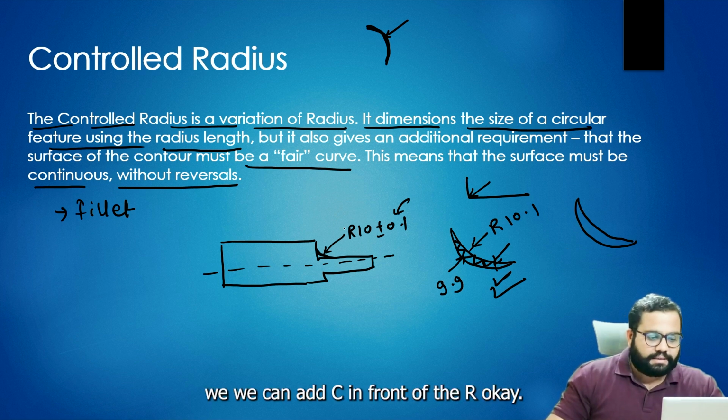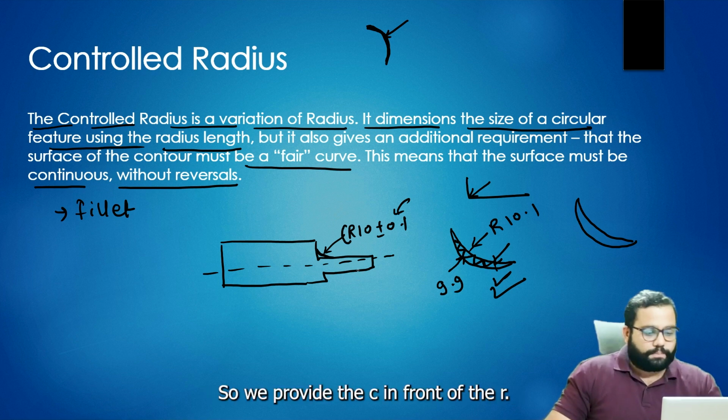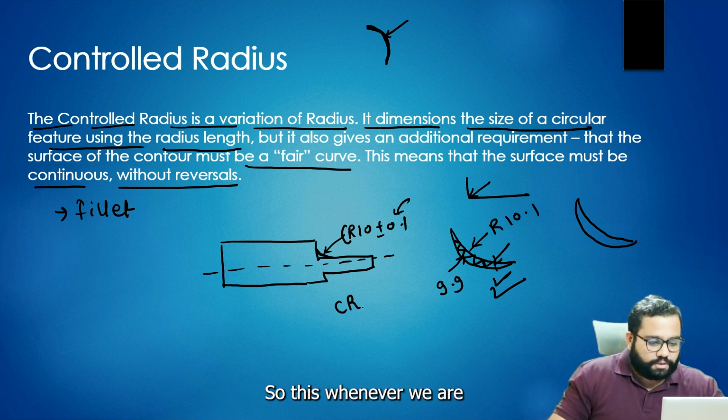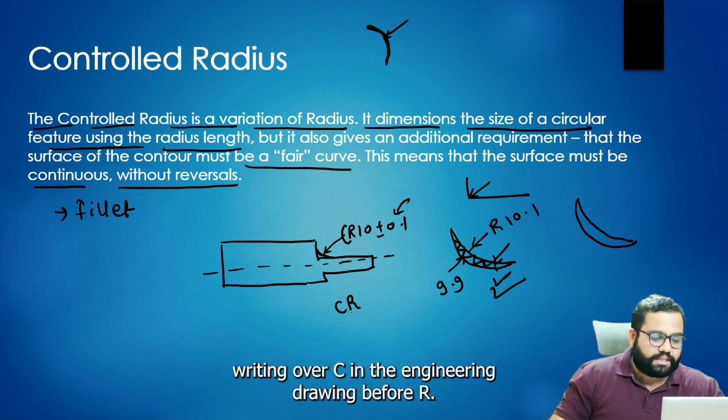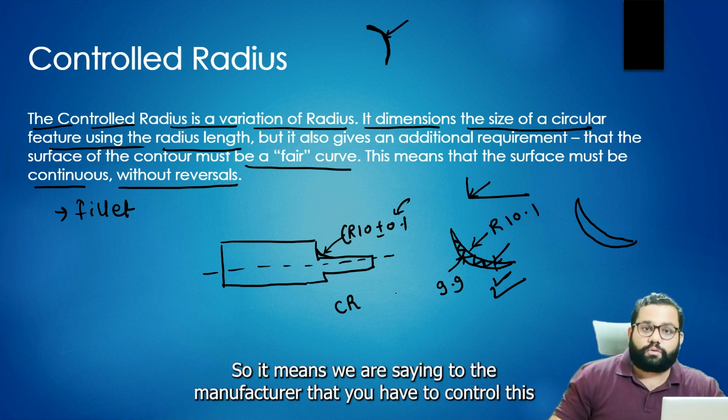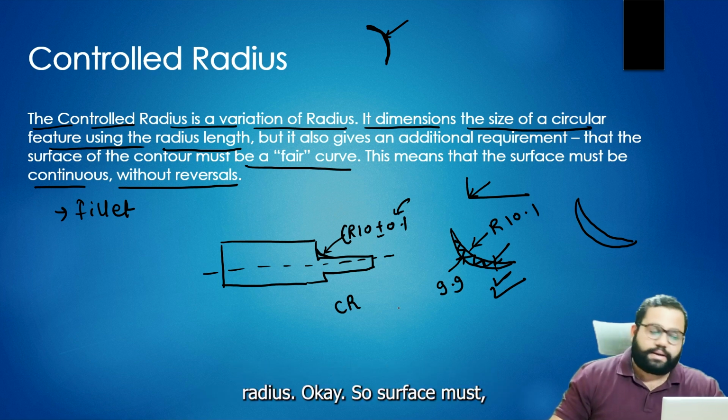we add a C in front of the R. This shows the controlled radius. When we write C in the engineering drawing before R, we are telling the manufacturer that you have to control this radius.